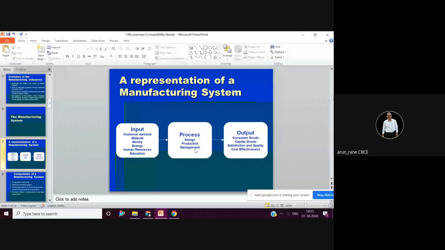So what is the output? Output is nothing but the goods, consumer goods, capital goods, then satisfaction, quality, and definitely cost effectiveness. Whatever you do, if you design, it should be designed for manufacturing, designed for cost, designed for assembly.